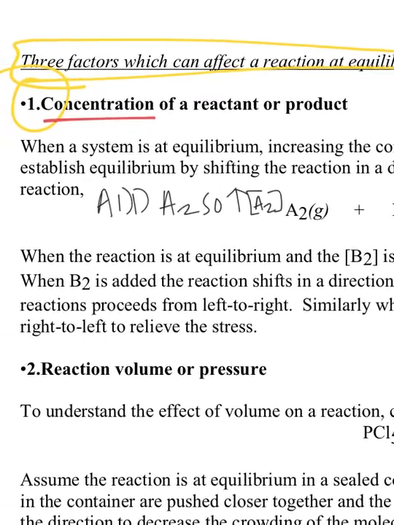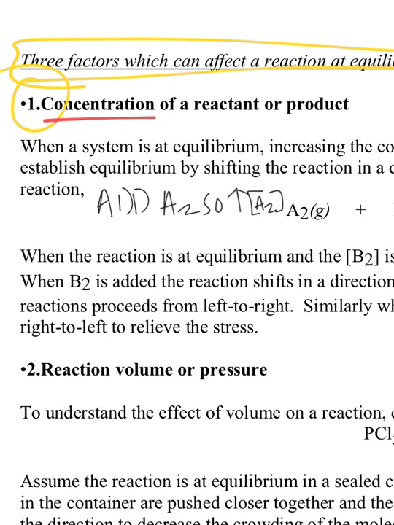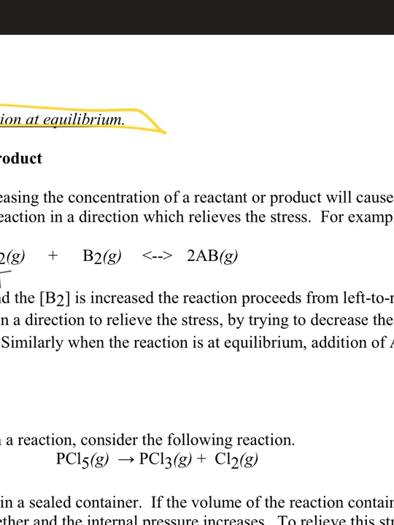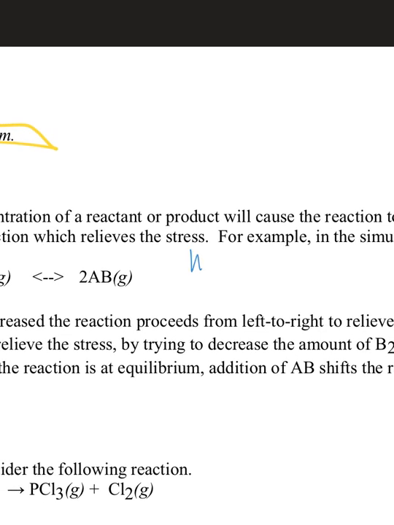That means to make the amount of A2 go down, the reaction has to shift right, towards the products. So it's going to make more product to counteract that increase in A2. I also want you to make a note that typically water has no effect, usually.